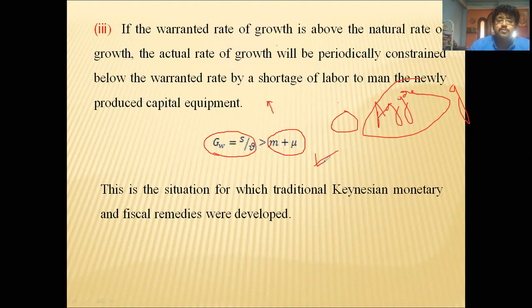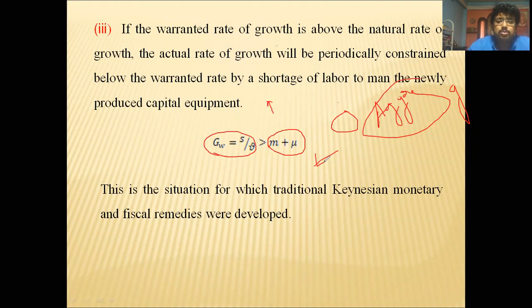So what we have found is, if the warranted rate of growth is above the natural rate of growth, the actual rate of growth will be persistently held below the warranted rate by a shortage of labor to man the newly produced capital equipment.